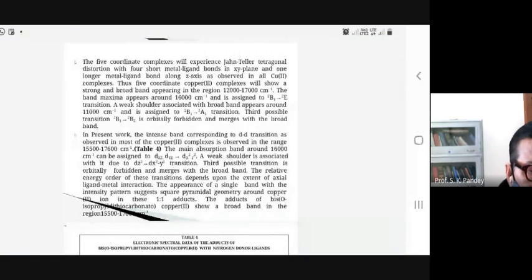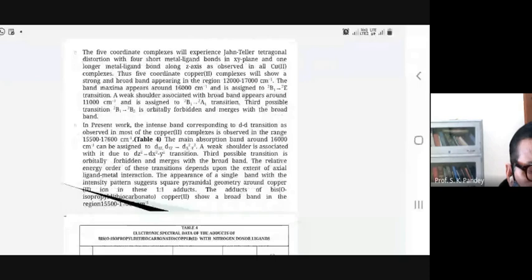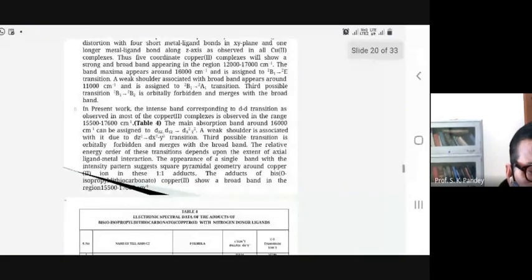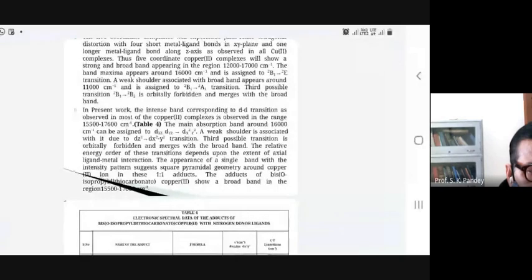So, in the spectra, in the present work, we observe the intense band corresponding to the d-d transition as observed in most of the copper 2 complexes in the range 15,500 to 17,600 centimeter inverse. The main absorption band around 16,000 centimeter inverse is assigned to dxz and dyz to dx square minus y square transition, and the weak shoulder is associated with the transition due to dz square to dx square minus y square transition.